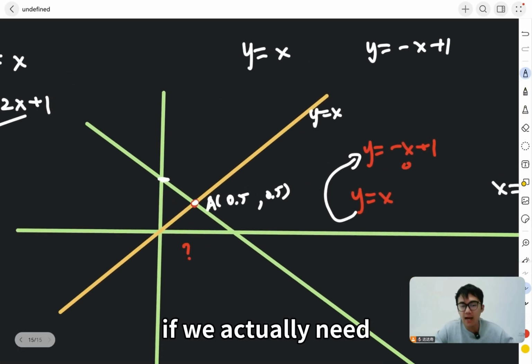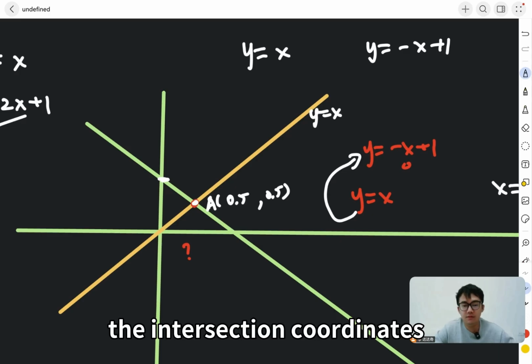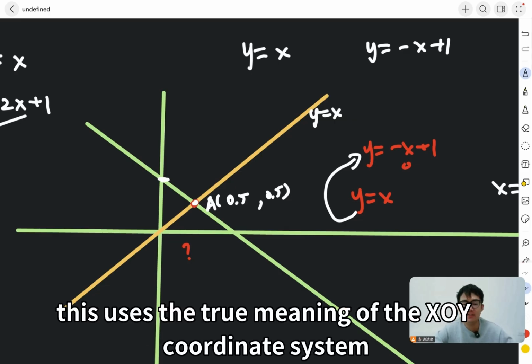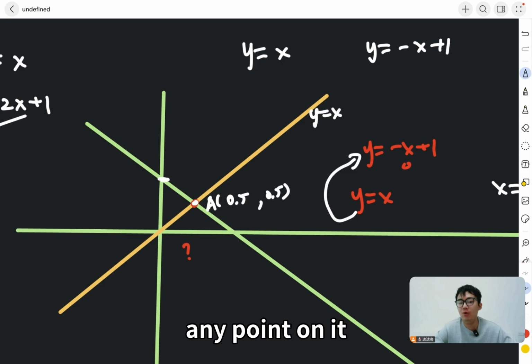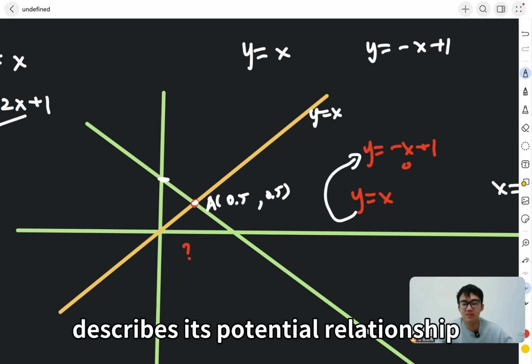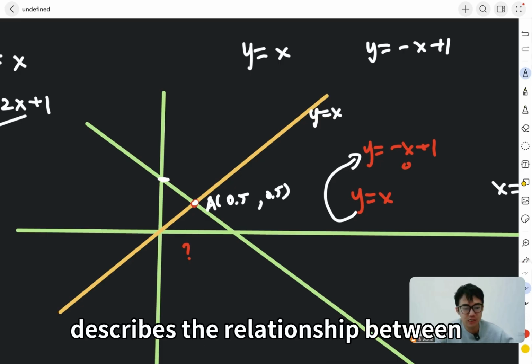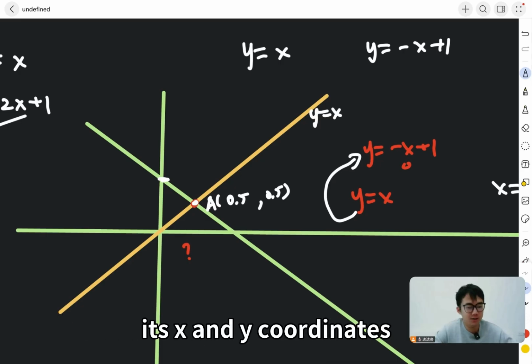If we actually need the intersection coordinates, we can set the equations equal. Just directly link them. This uses the true meaning of the x-y coordinate system. Any point on it describes its relationship relative to the origin, and any function expression describes the relationship between its x and y coordinates.